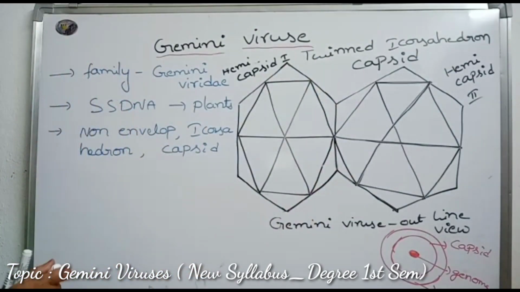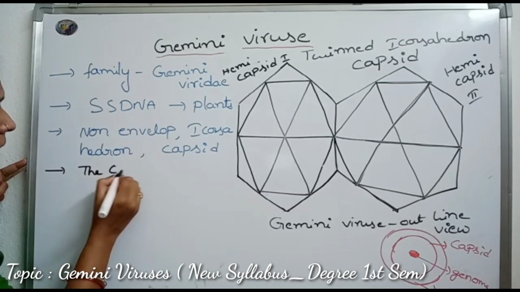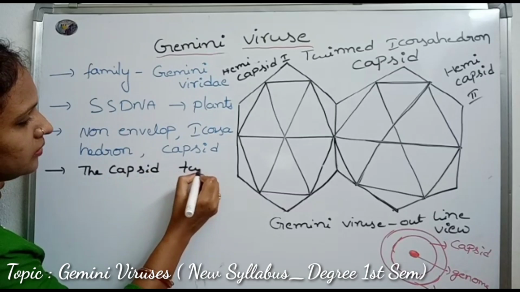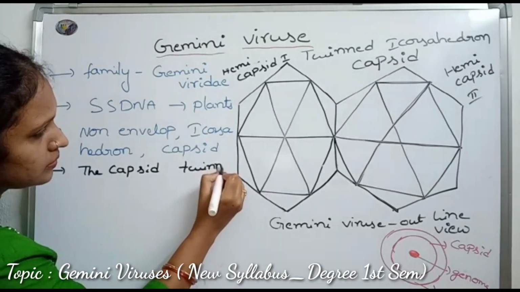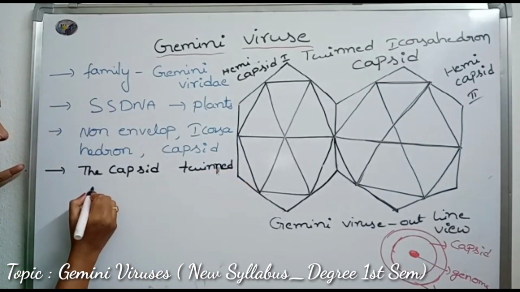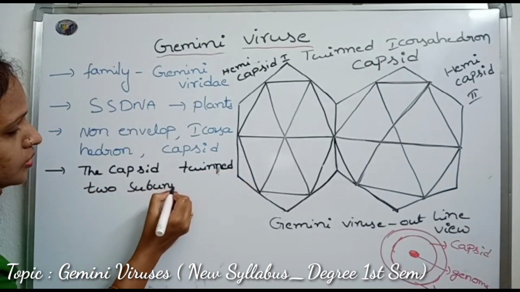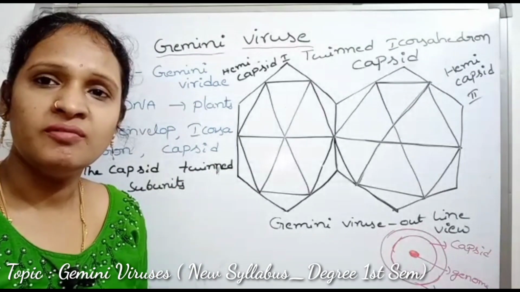The capsid is twinned. It consists of two subunits. That's why it has the name Gemini viruses.